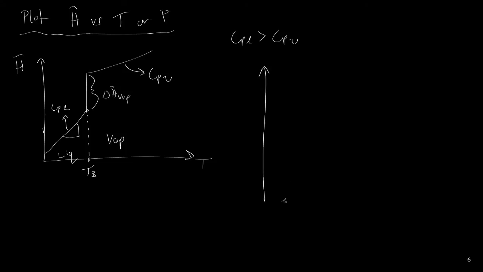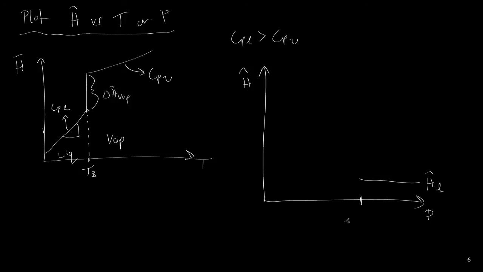If we are to plot the specific enthalpy as a function of pressure, in this case I'll draw it in the opposite direction. We'll start off here with the liquid at high pressure. Try and draw this as a straight line. The enthalpy is a very weak function of pressure, so I'm drawing these as flat lines.